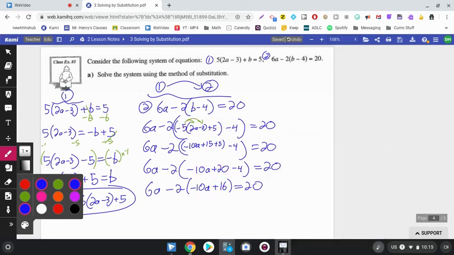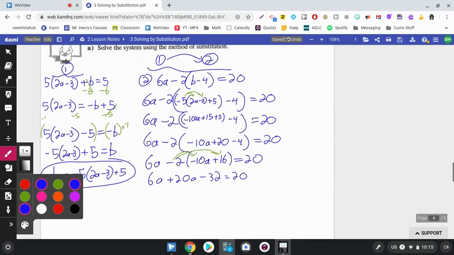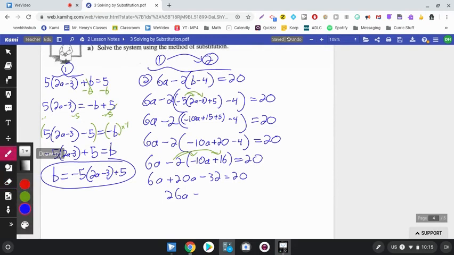That's great. Now I'm going to do this distributive property. Notice it's a negative 2. So 6a, negative 2 times negative 10a is positive 20a. Negative 2 times 16 is minus 32 equals 20. So I get 26a minus 32 equals 20.